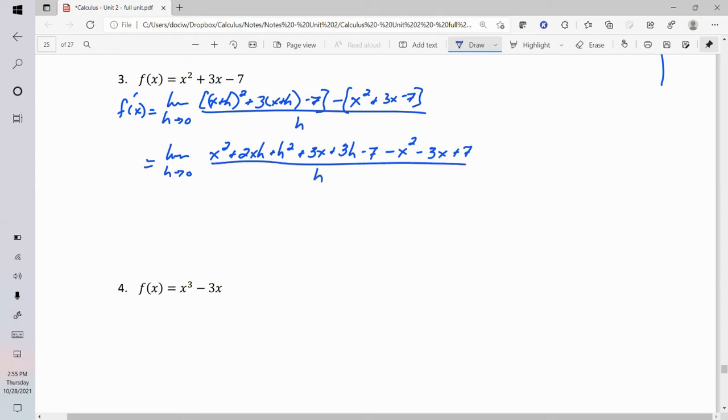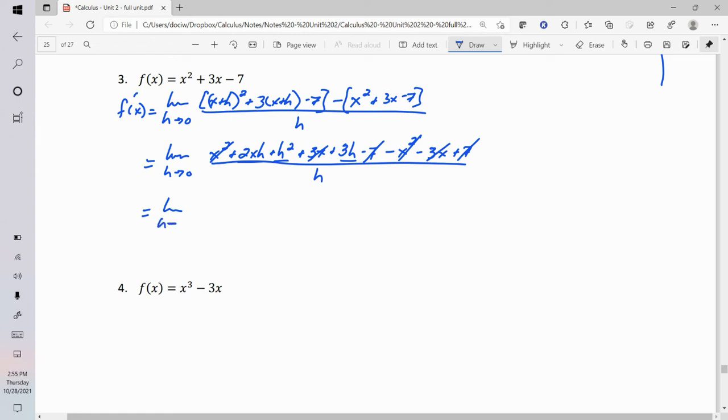Once again, notice that the terms in the numerator that do not have h's in them have an opposite term as well. x squared minus x squared, 3x minus 3x, negative 7 plus 7. Those terms all cancel each other out. They add up to 0. Notice that the only terms left, the 2xh, the h squared, and the 3h, all have an h in them.